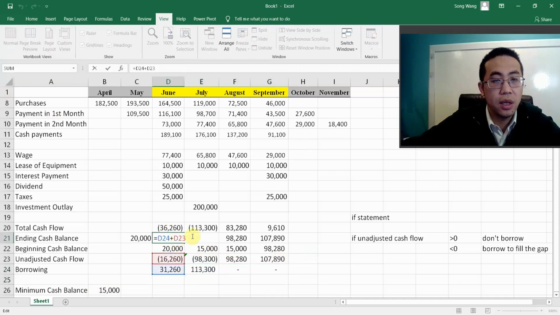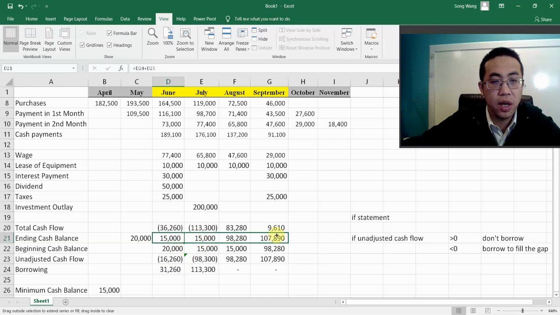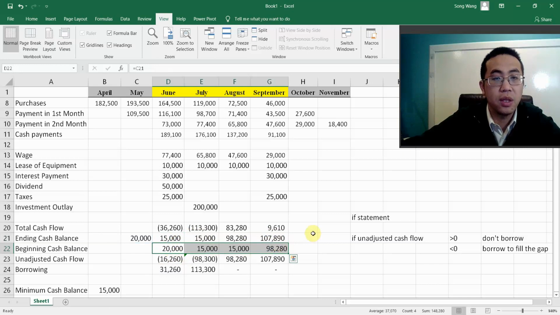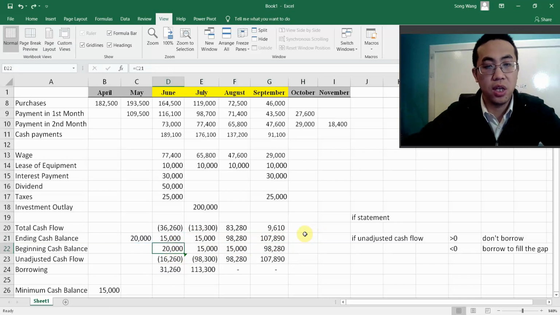It is the sum of unadjusted cash flow and borrowing, so this is good. Just drag it so it does not change. And then my ending cash balance would just be whatever the beginning cash balance was. So it really doesn't change anything.